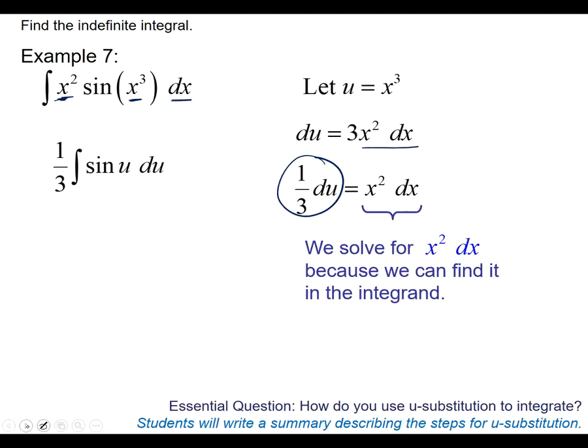Negative cosine, very good. And then what are you going to put in for the u part? X cubed. This isn't that bad. There are like 2 little extra steps compared to normal integration. We're going to get some that are uglier at some point, but today's shouldn't be that.